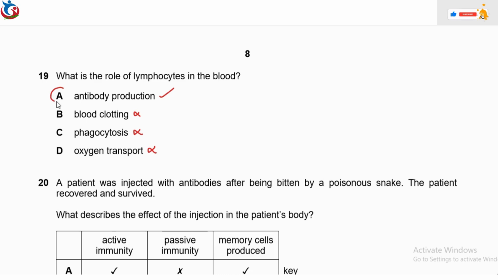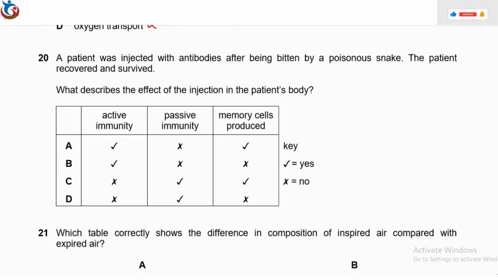To provide immunity, to provide protection for the body. Lymphocytes produce antibodies.